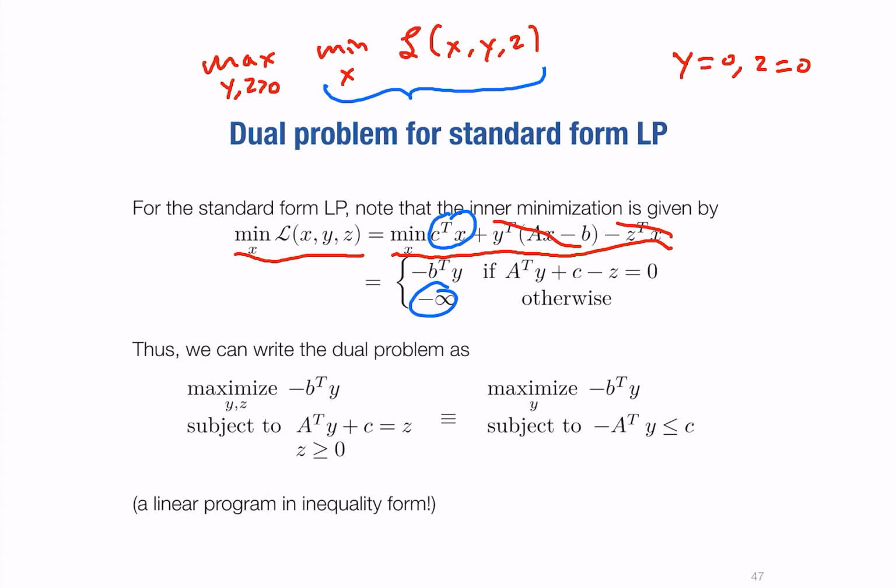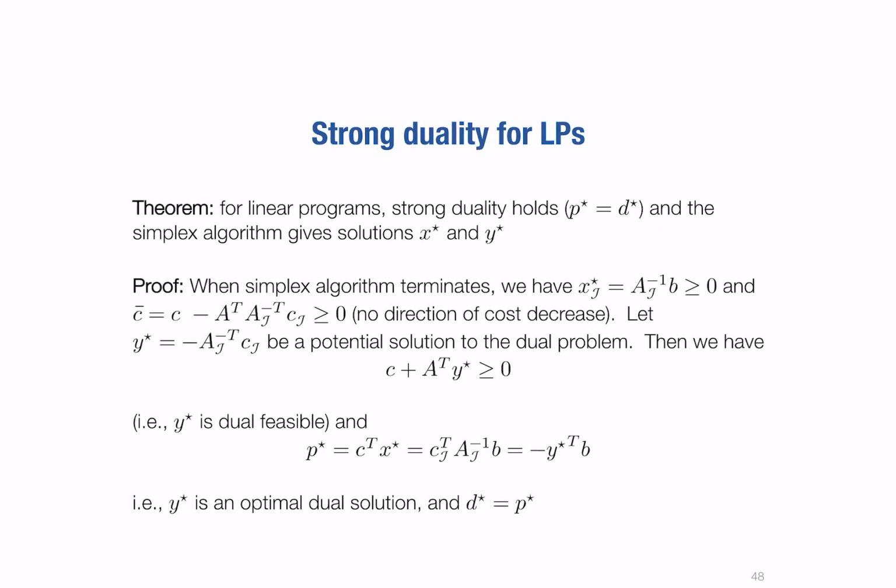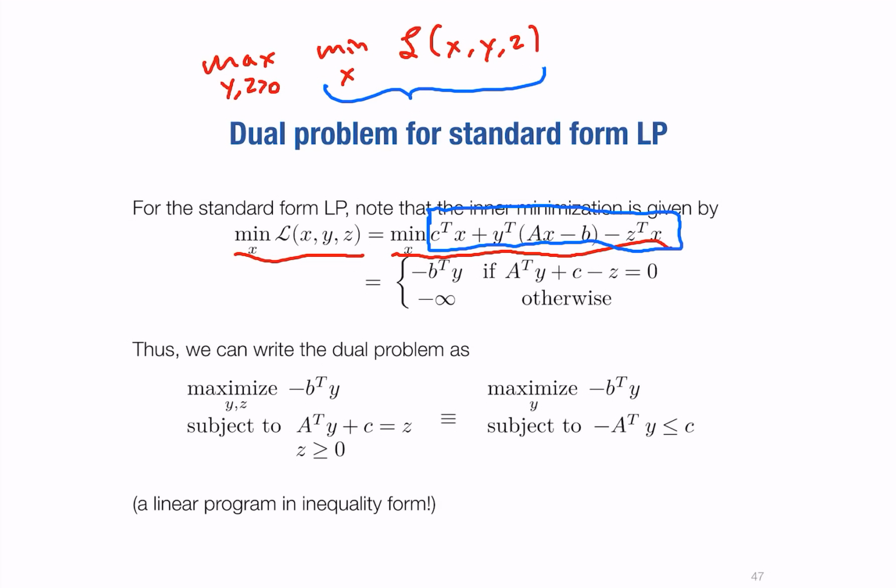All right, so let's back up a little bit. Let's erase those and not have these be equal to 0. How do we ensure that the objective of this thing cannot be made arbitrarily negative? Well, let's look at the terms that involve x. The terms that involve x in our Lagrangian are c transpose x, plus y transpose Ax, and negative z transpose x.